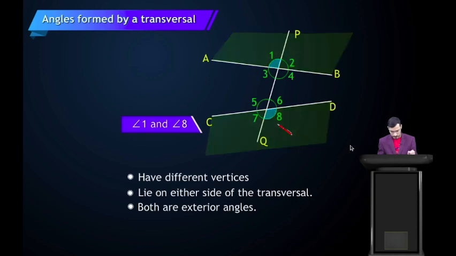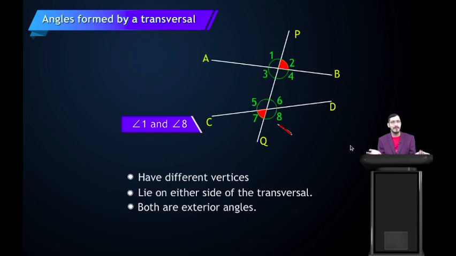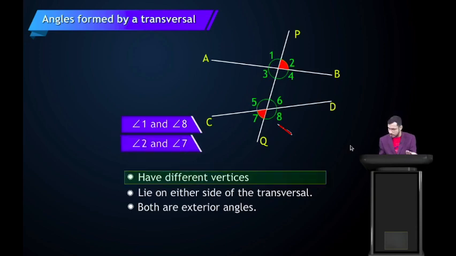Similarly, angle 7 and angle 2 have different vertices, lie on either side of the transversal, and both are exterior angles. So all the points are true for angle 2 and angle 7 and angle 1 and angle 8.